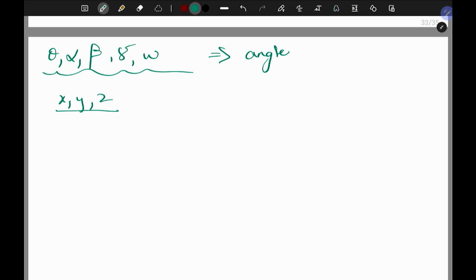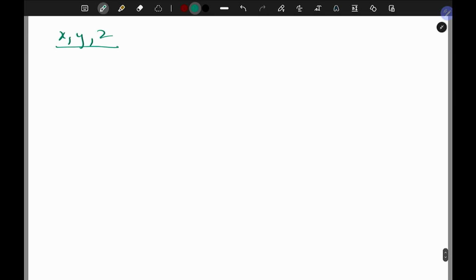That's it. And now we've got simple formulas for the trigonometric functions. We've got a total of 6 trigonometric functions. The first three are called sine theta, cos theta, tan theta.